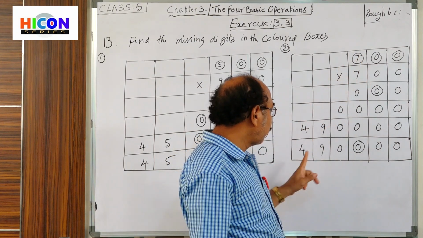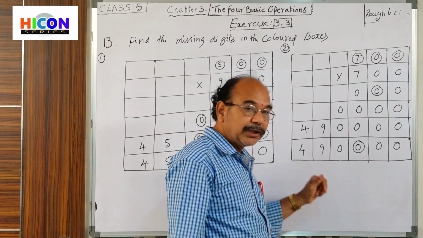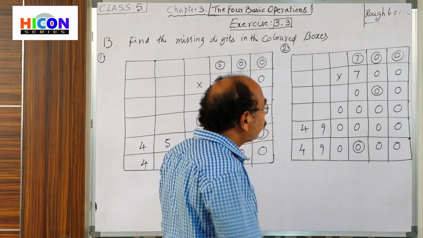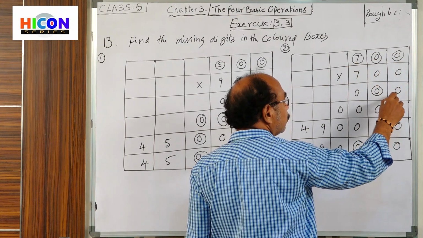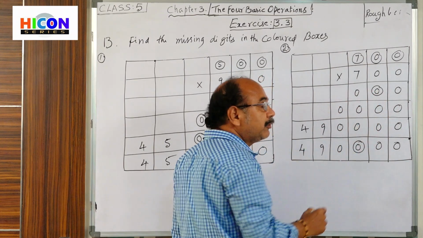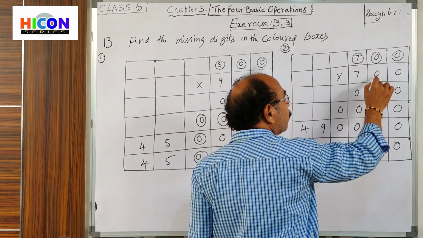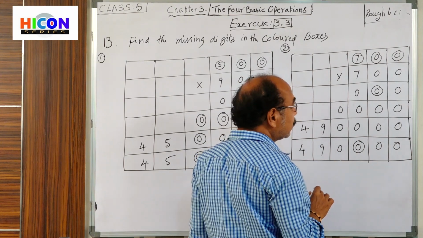And 7 sevens are 49. That's why here 4 is there, here 9 is there. If we multiply with 0, all zeros only. Second, here multiply with 0. Here also we get zeros only.